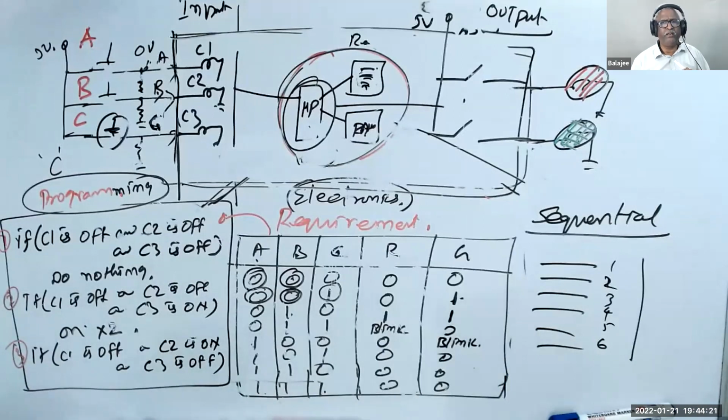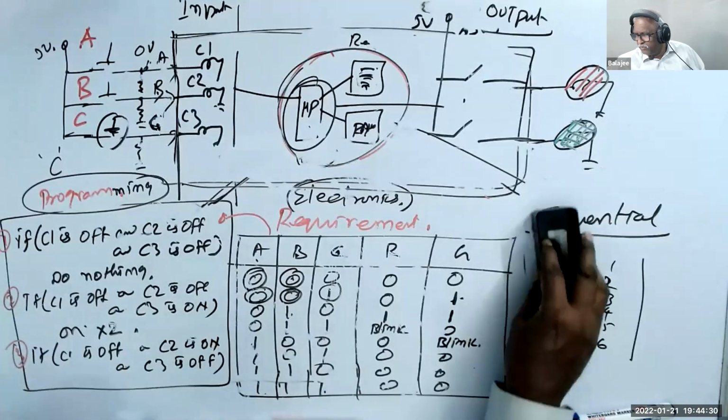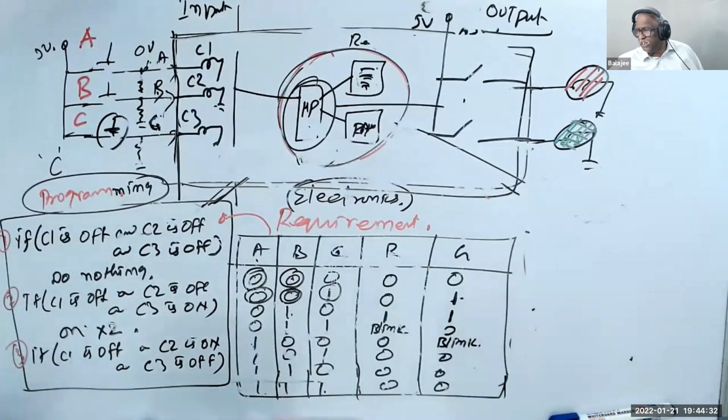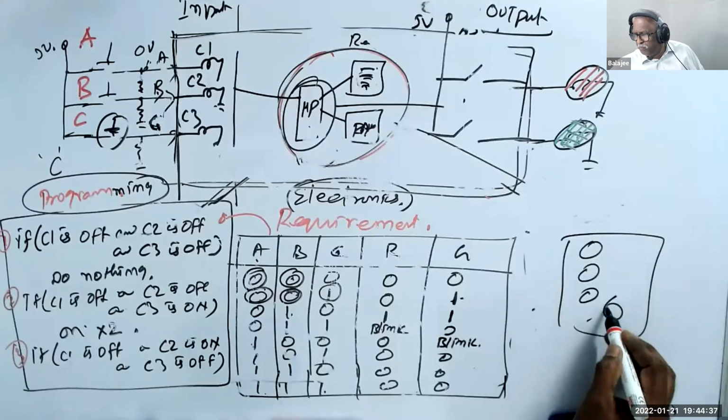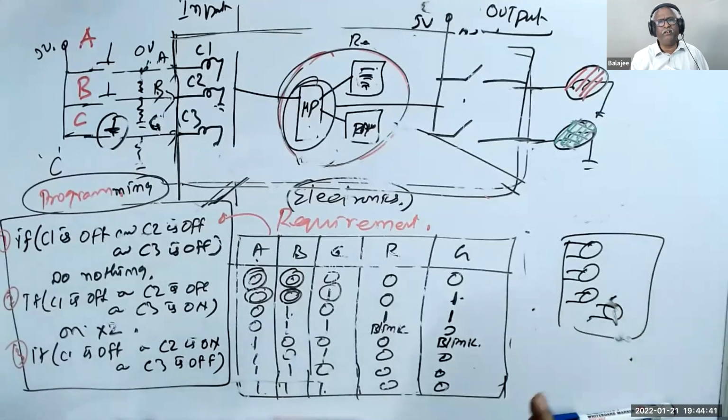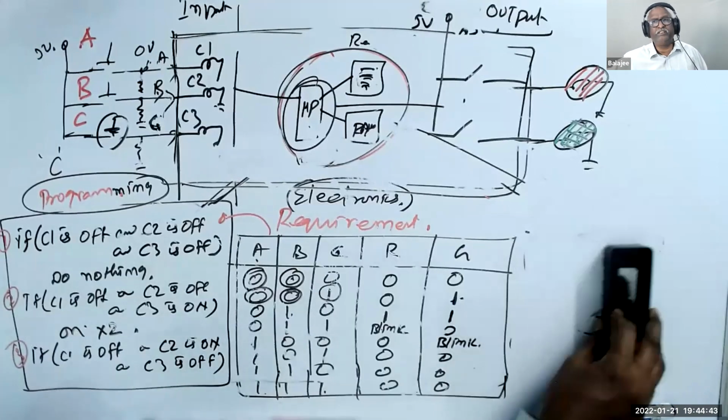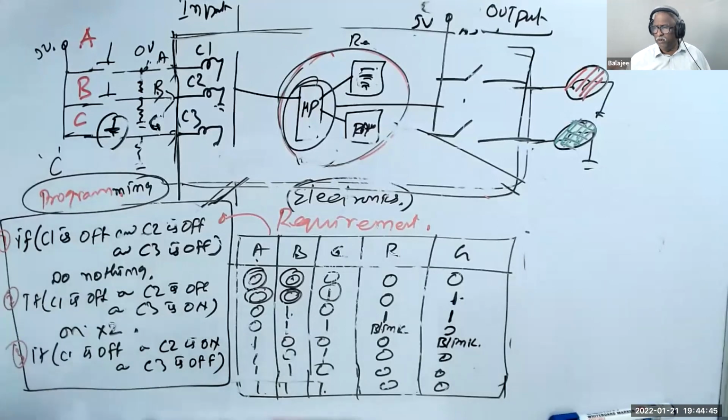But in the case of hardware, if you use an ASIC core or FPGA, there will be so many blocks, and each can work in parallel. Let us take an example.